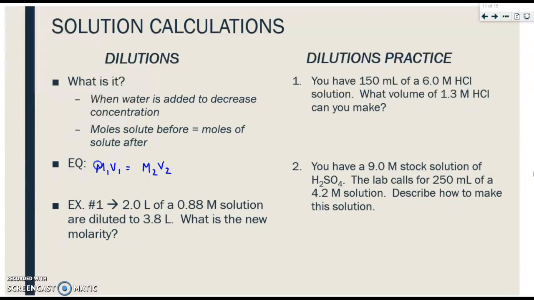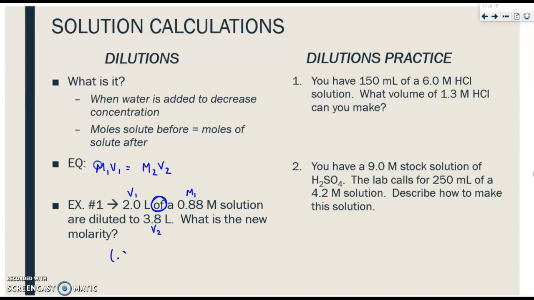So it's very similar to Boyle's law for the gas laws. You're going to be provided with 3 numbers, and you solve for the 4th. Okay. The word of in the problem indicates that those numbers stay on the same side of the equation. So in the example, it says 2.0 liters of a 0.88 molar solution get diluted to 3.8 liters. What is the new molarity? So this is V1, this is M1, and this is V2.